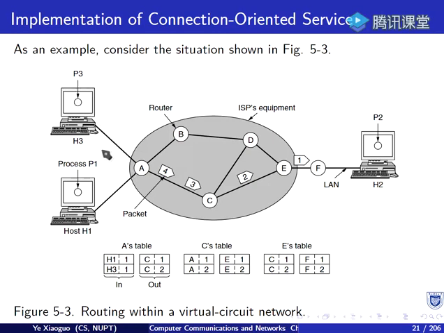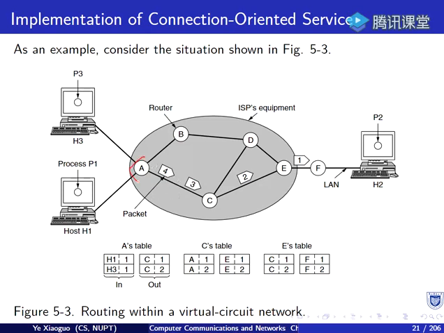We have hosts H1, H2, H3 in the topology, and we have the routers denoted by A, B, C, D, E, F. The original large message is divided into 4 packets: packets 1, 2, 3, and 4.